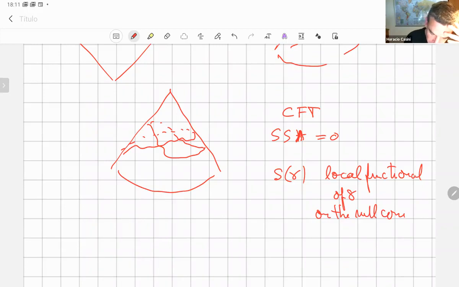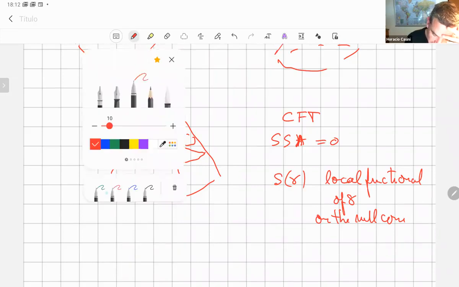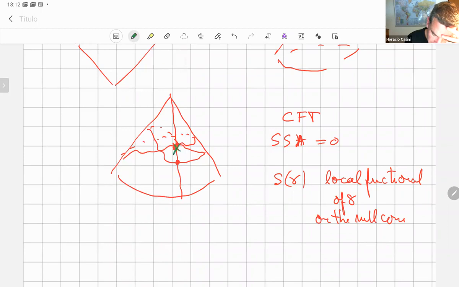Because if you do strong subadditivity, when you have the region A, for example, it will depend on this point. When you have region B, it depends on this point. When you have the intersection, it will depend again on this point. And when you have the union, it will depend again on this point. If you have a functional that is local, automatically we satisfy strong subadditivity equal to 0.